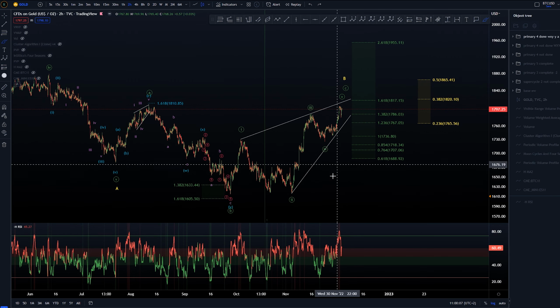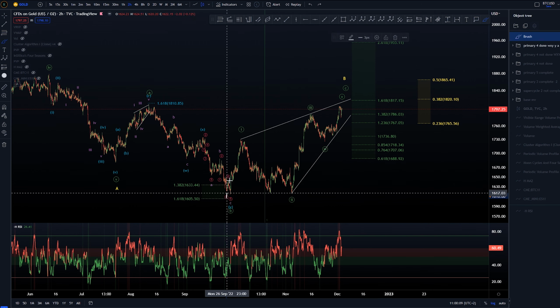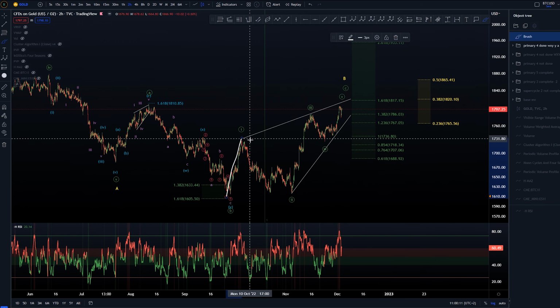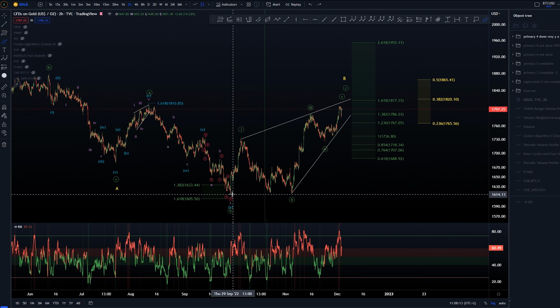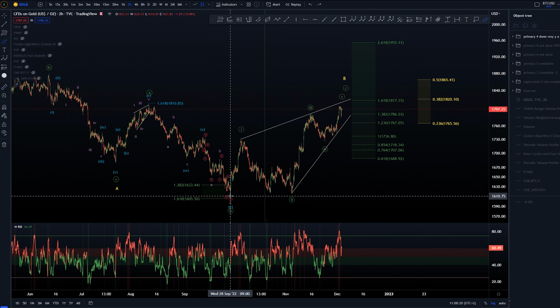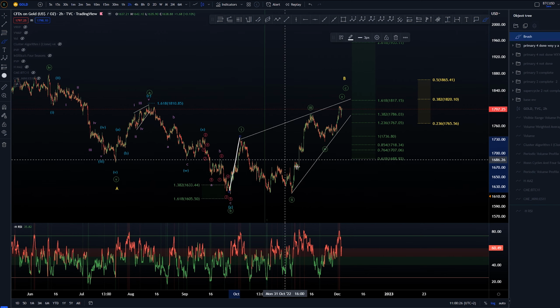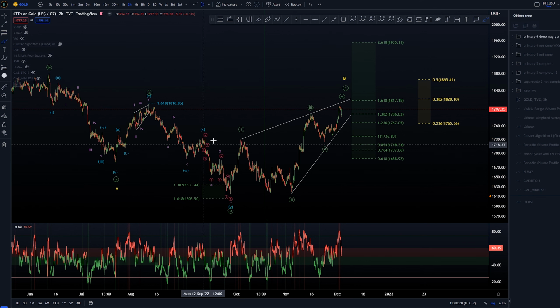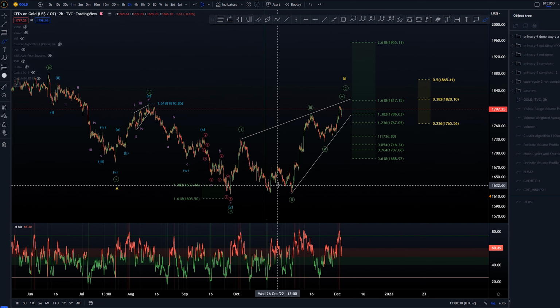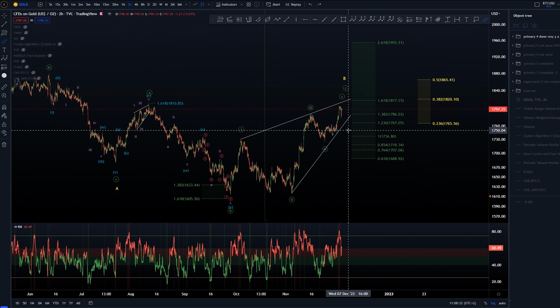Generally, when we have a contracting diagonal, we would like to have wave 1 as the largest one. But again, based on many other resources out there, there is a rule where if wave 3 is larger than wave 1, then it can't be a contracting diagonal.